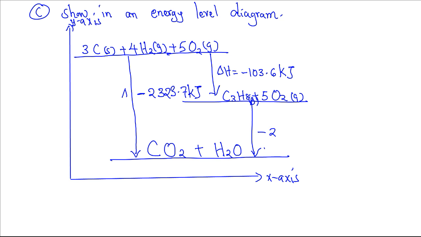This is delta H. Delta H is negative 2220.1 kilojoule. To balance up, we have 4, 3. Then our equation is balanced.